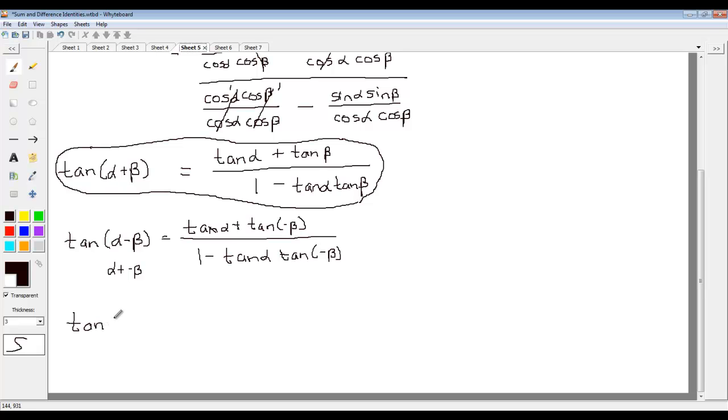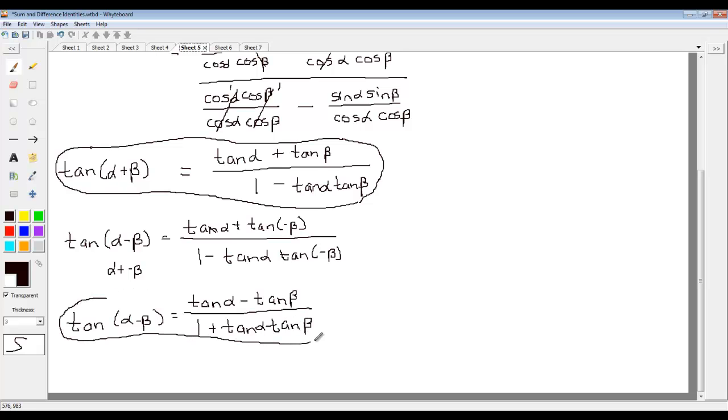Well, our tans are odd functions. So tan of negative beta is the same thing as negative tan beta. And here again, tan negative beta is the same thing as negative tan beta, so that minus is going to turn into a plus tan alpha tan beta. So there's the difference version of it. Pretty nice, right?